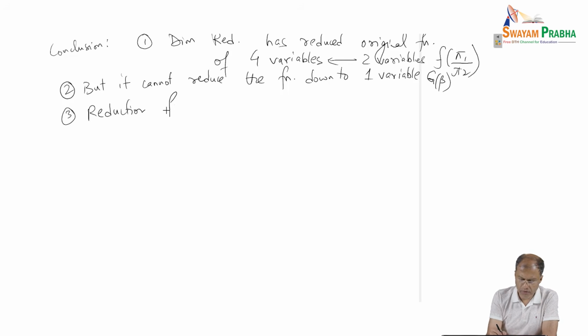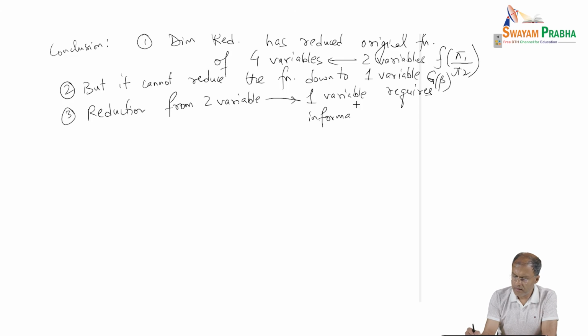So the reduction from 2 variables to 1 variable requires information at the modeling level. And in this case we have the Langevin-Epstein model.